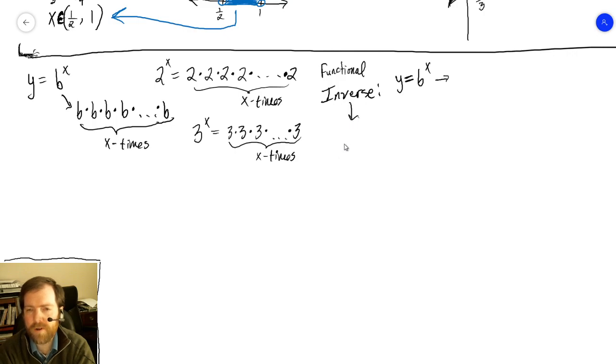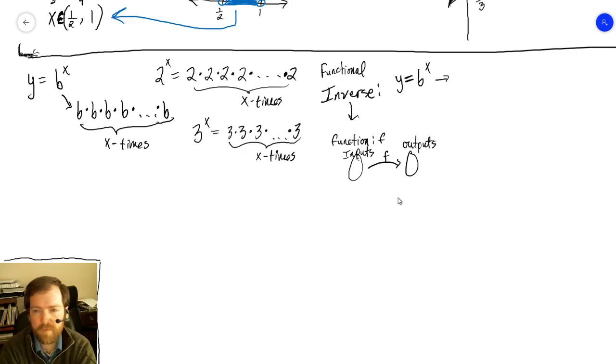Again, a regular function f takes a set of inputs and maps them over to a set of outputs. And that mapping is called f. If, on the other hand, you want to reverse that process and take your outputs and reverse them back to inputs, this is going to be the functional inverse, f inverse.